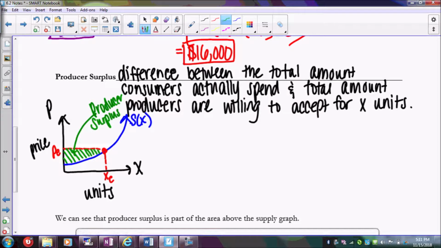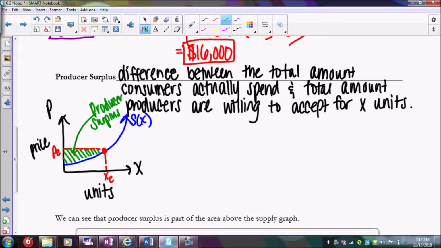And if you think about what this means, well, it's an integral because it's an area. And think about what we did in the previous section. It's the area that's bounded by this horizontal line and S of x, the supply function. So P sub E, or this horizontal line, will always be greater than S of x.